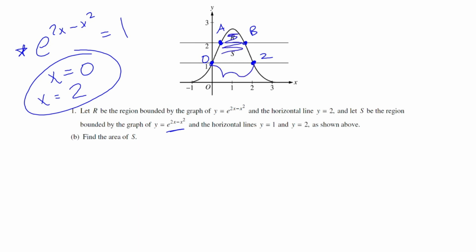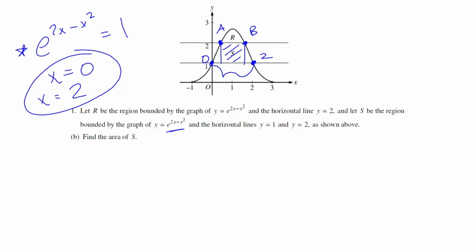Do this whole area and then subtract off our answer that we got for region R. Now, the other option is to separate it into this little chunk and then this chunk here in the middle, right? So we can do it as 3 different little pieces, or we can do it as that whole big piece minus region R. So I think we'll show the setup for both. I'll only evaluate one of them.